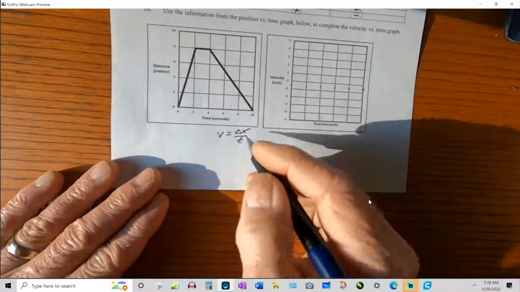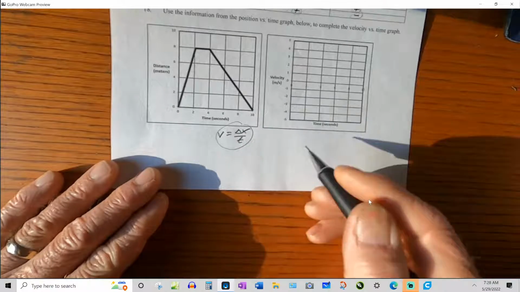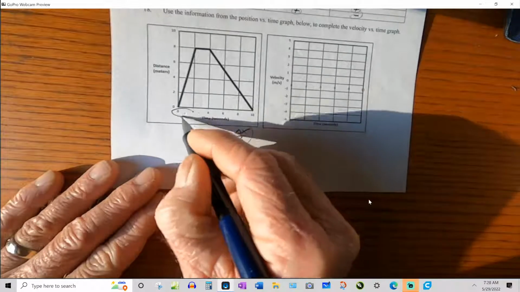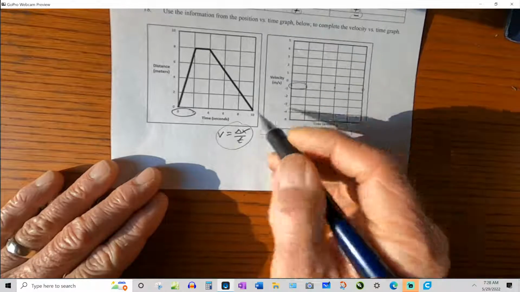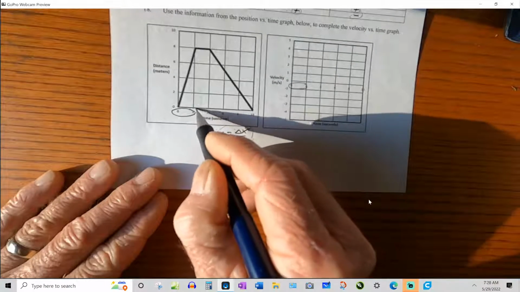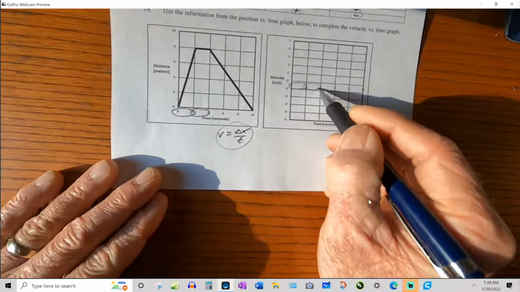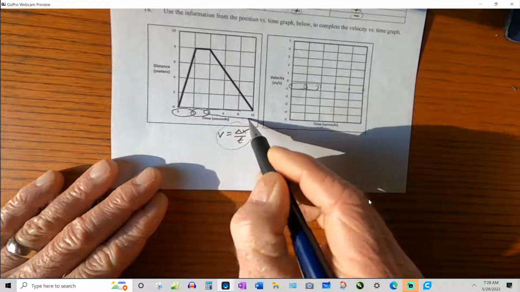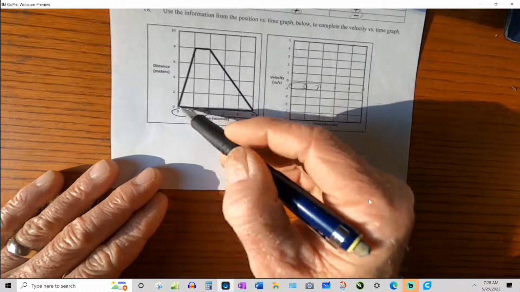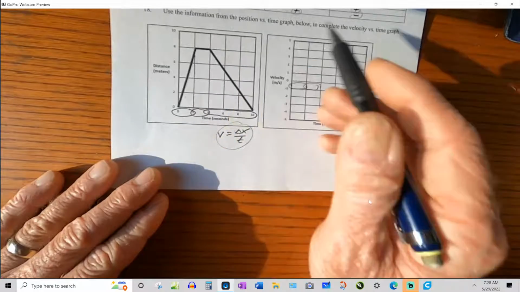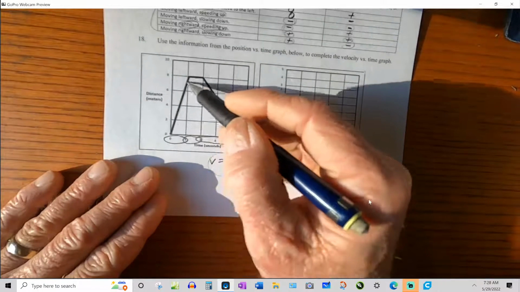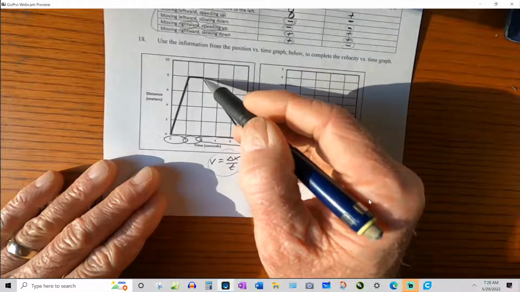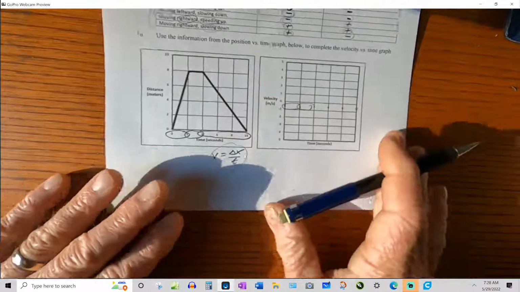And you just need to apply this formula to these different intervals. So first I'm going to do the 0 to 2 second interval, and then the 2 to 4 second interval, and then the 4 to 10 second interval, because the graph is doing one thing from 0 to 2, another thing from 2 to 4, and another thing from 4 to 10.